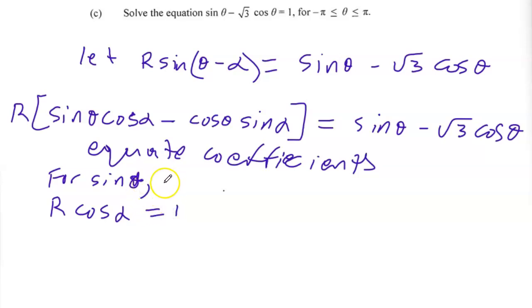We equate coefficients for cos theta. For negative cos theta, on the left hand side there is r sin alpha, and on the right hand side there is root 3.